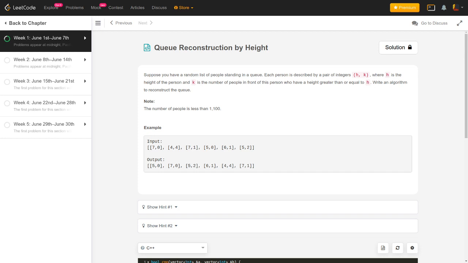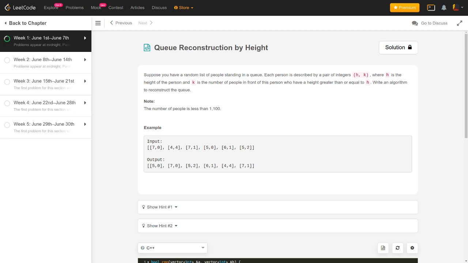Another way is to use somewhat complex data structures like AVL tree or segment tree or Fenwick tree and those kinds of things. I'll quickly explain the naive algorithm and how you can solve this question with an O of n squared algorithm as well. But the main focus of this video is to introduce you to another approach which uses a segment tree in order to solve this question.